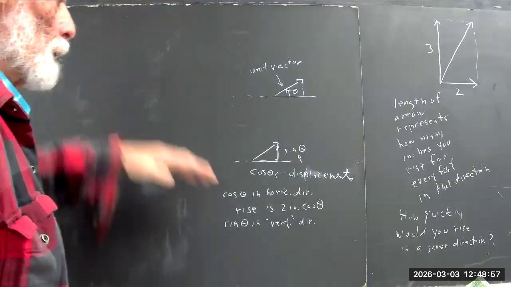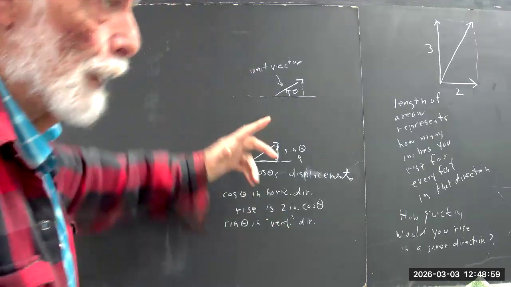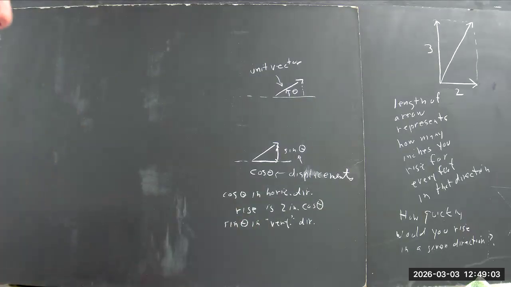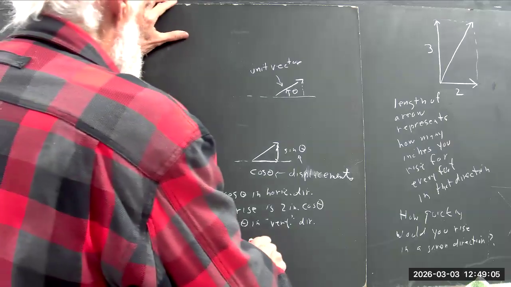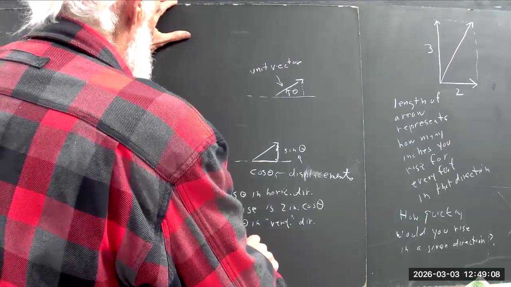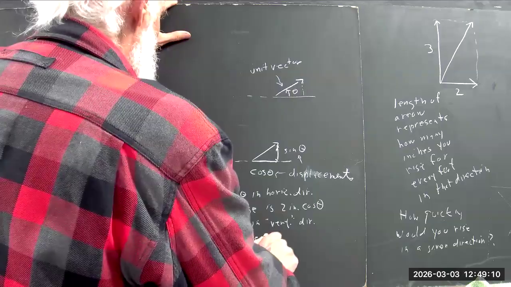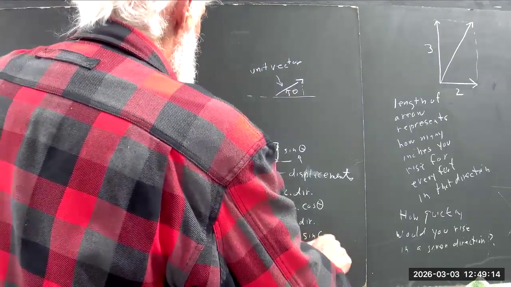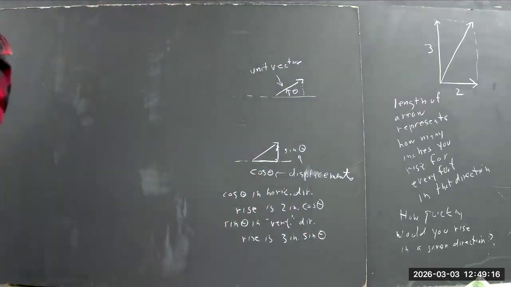And I'm talking about the horizontal and vertical directions on the board, not up or down the hill, so that's a little bit ambiguous. In the vertical direction it's just 3 inches times sine theta.